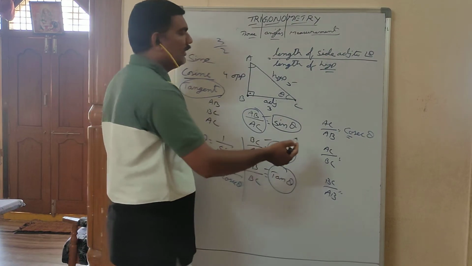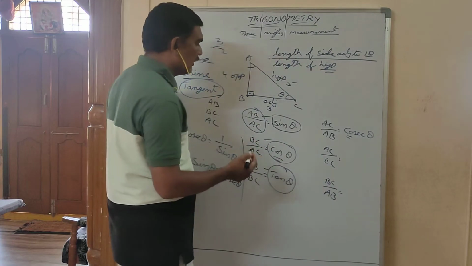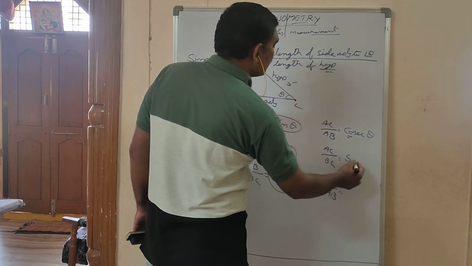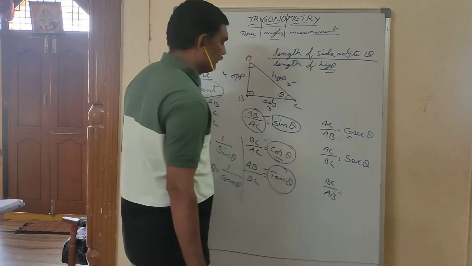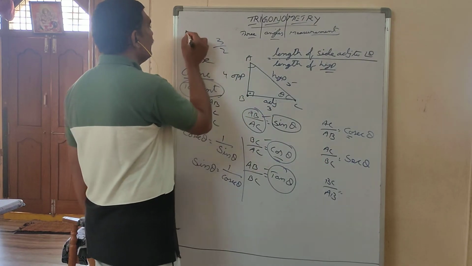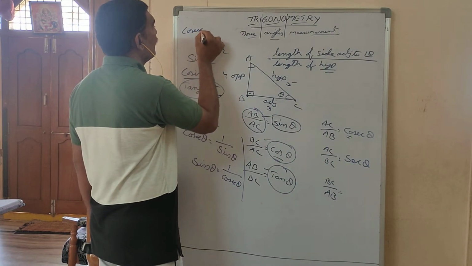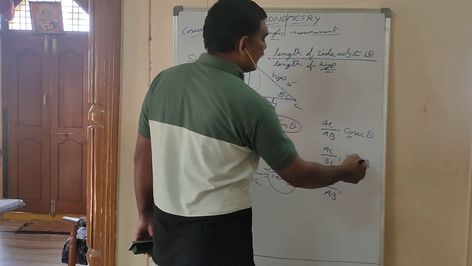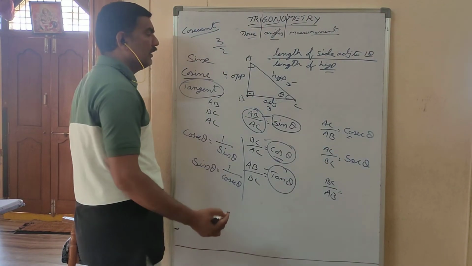Similarly, we go for cos. The reciprocal of cos theta is what? Secant theta. The full form of cosec is cosecant. The full form of sec, S-E-C, is secant.